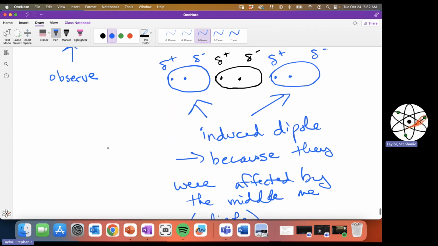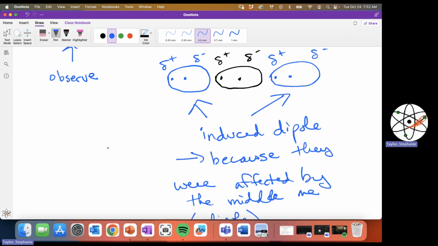So essentially, an induced dipole just means that the molecule bumped into another molecule, and when it bumped into the other molecule that already had a dipole, it then also was induced to have one as well. Molecules can bump into other molecules when nothing happens. That happens too.